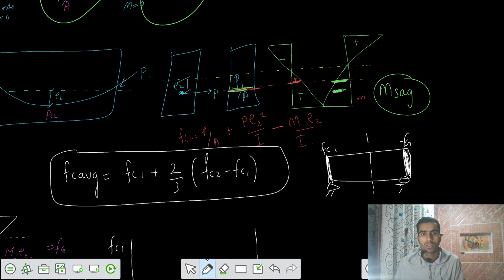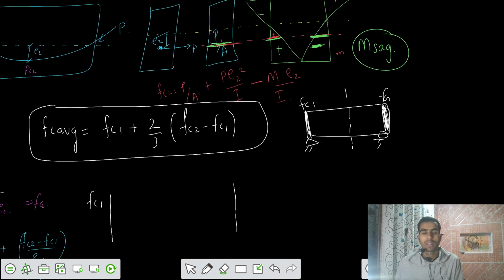This is positive, this is positive, and if the moment is sagging, it would decrease the value of FC2 such that your FC2 would be lesser. So your diagram would be in this fashion, some parabolic variation. Let's say this is FC2.